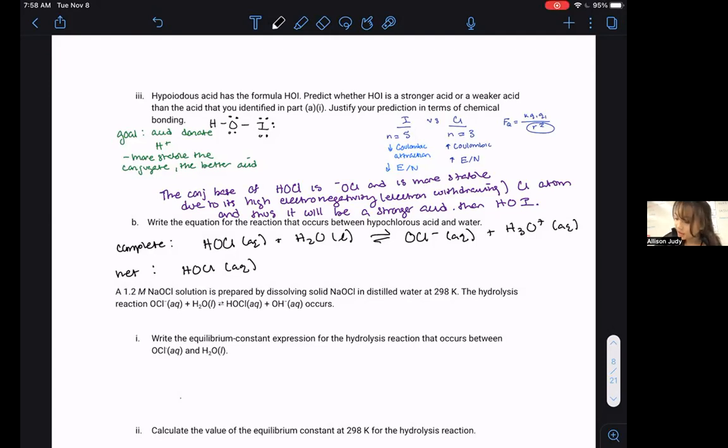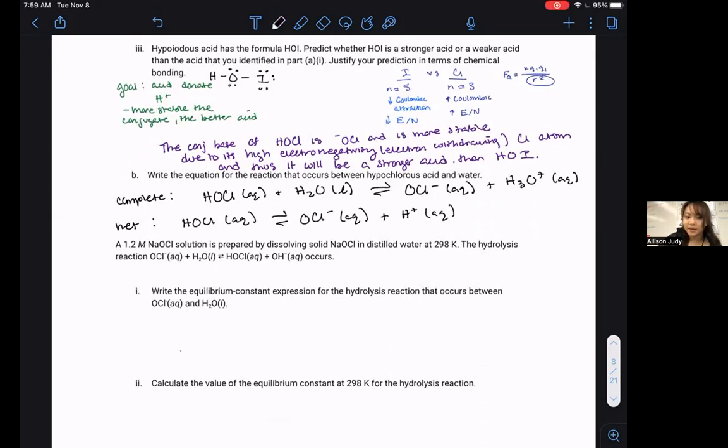And then it's in equilibrium with OCl minus ion production and H plus ion production, because technically H3O plus is just showing us that water's carrying that H plus. So we would isolate it to H plus for the net ionic, just parsing it down to the critical ions involved in particles. So either one would be acceptable by the AP.